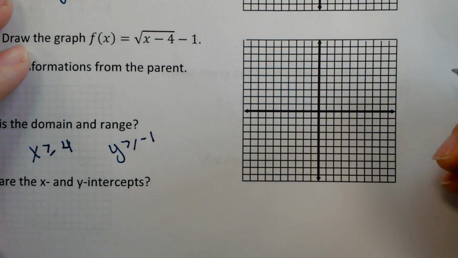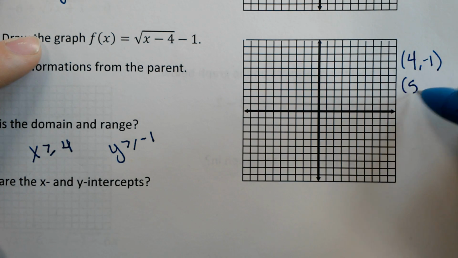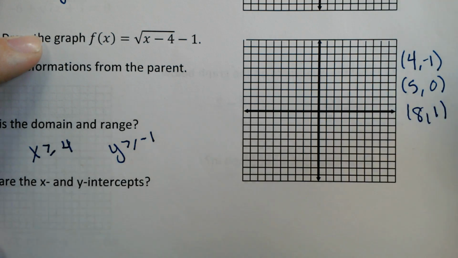And I want points like 4, negative 1, 5, 0, and 8, 1.